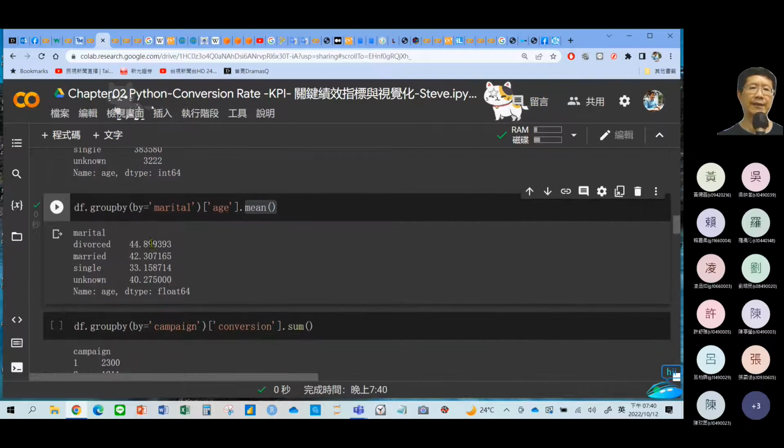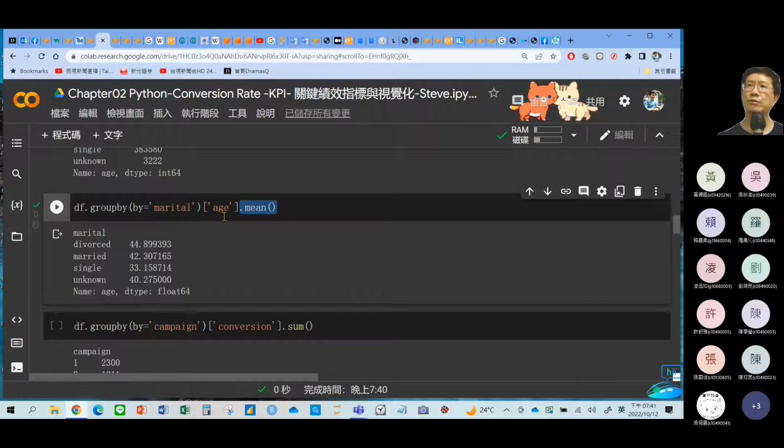So you can see here how powerful Python group by is. So with this information, it tells you for those customers who are divorced, 他们的平均年龄是多少 ？Almost 45 years old. 所以离婚的这一群人呢，大概他们平均年龄大概是45岁。What about married? 已婚的人呢 ？Mean. What is mean? Average, right?